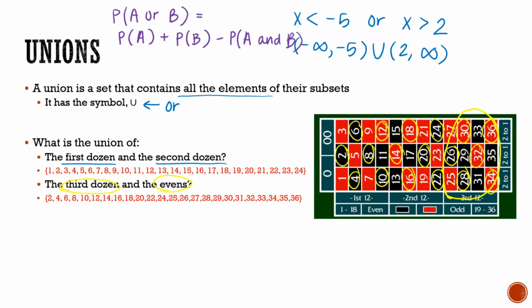We did this when the two events were not mutually exclusive. Instead of using the word or, we now can rewrite this with the symbol union. The probability of A or B occurring would be the probability of A plus the probability of B, minus the probability of both A and B occurring.